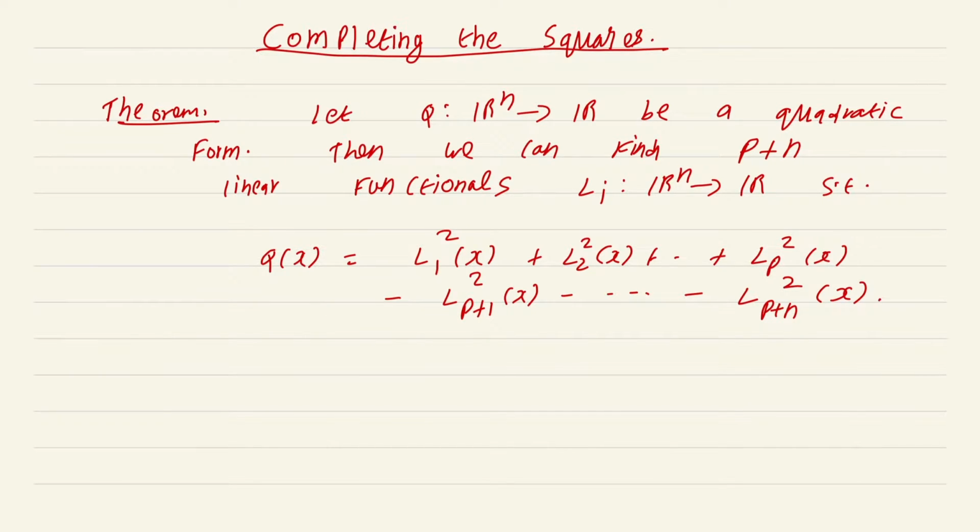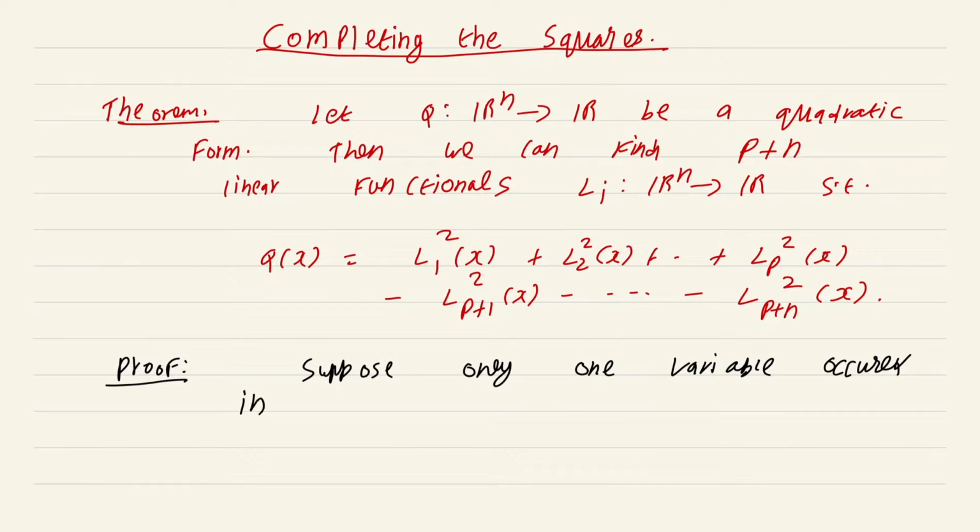Let's go to the proof. The proof, as I said, depends on a completion of squares. So the formal proof proceeds by induction on the number of variables that occur in Q. So suppose only one variable occurred in Q. In that case, Q of x has got to be plus or minus ai xi squared, where i is one of the numbers from 1 to n.